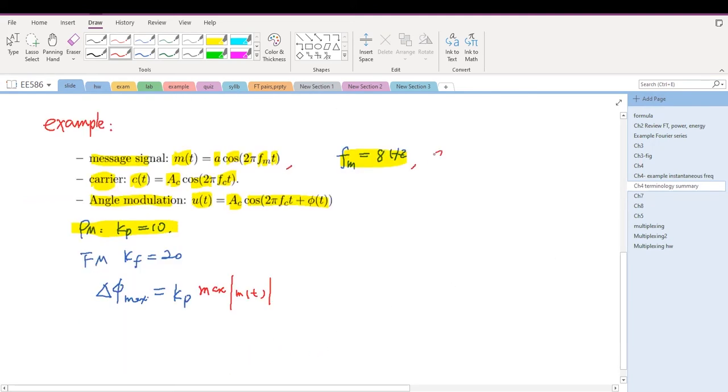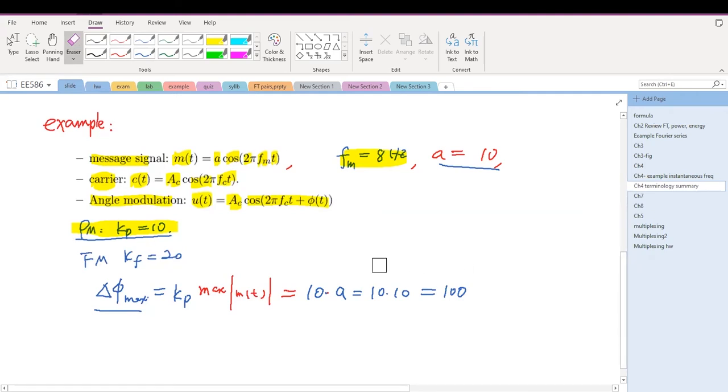If we set small a equals 10, and we know Kp equals 10, the max of the absolute value of m(t) equals a, which is 10. Multiplying by 10 equals 100. So this is the maximum phase deviation. The unit will be radians.